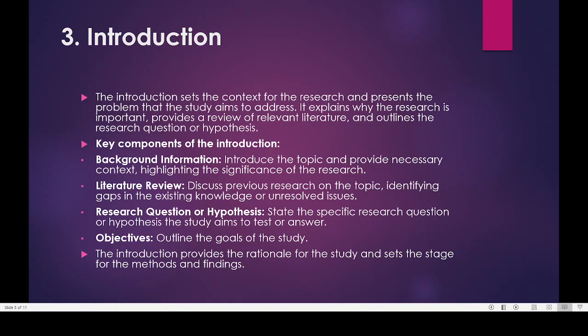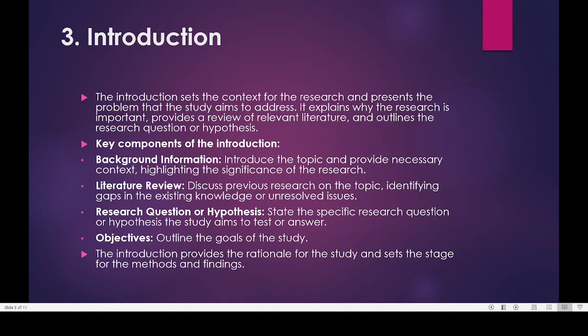It explains why research is important, provides a review of relevant literature, outlines a research question or hypothesis. Why I have been conducting this research, that aspect we have to mention. Then in the introduction, background information.